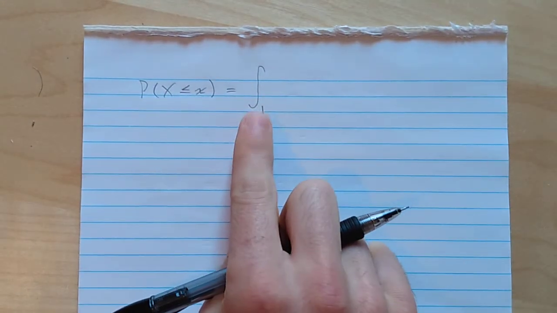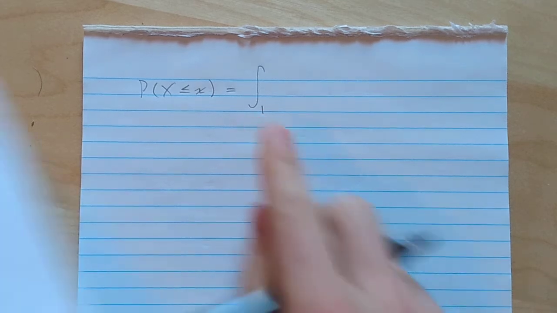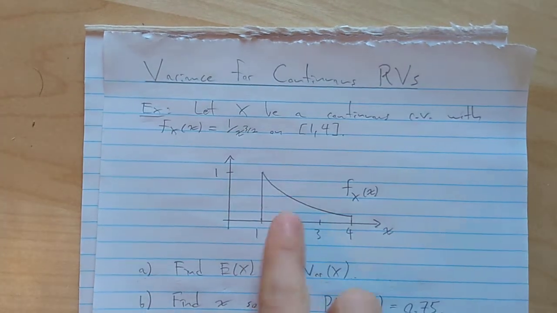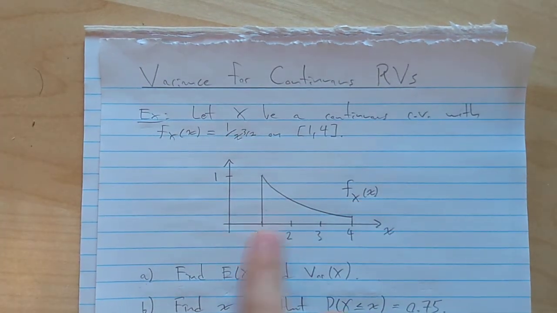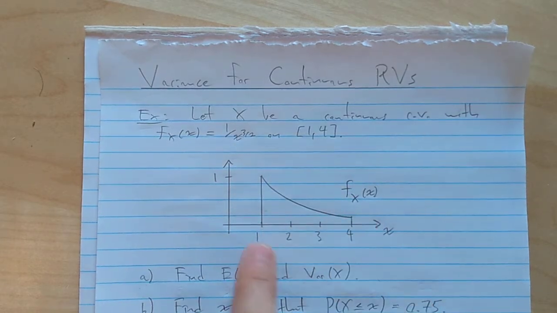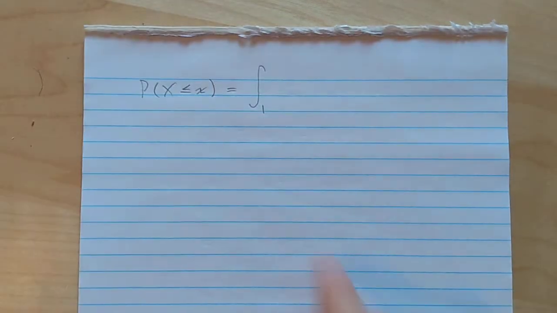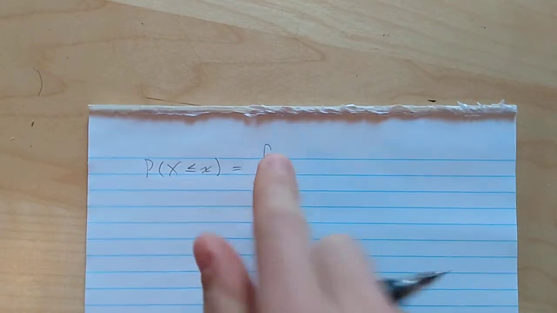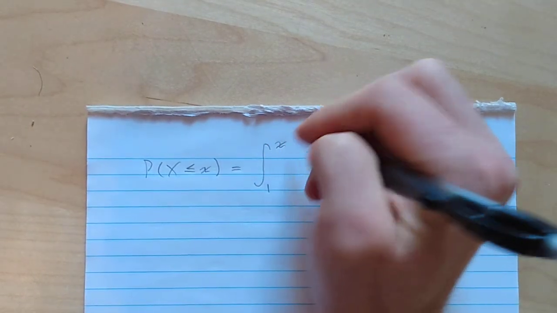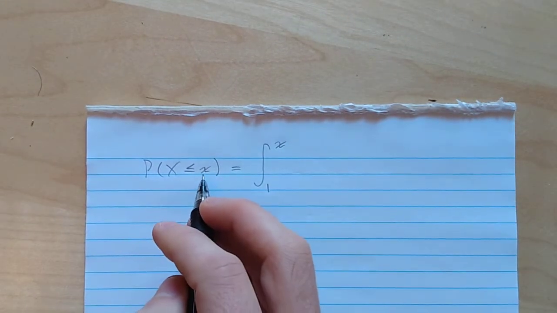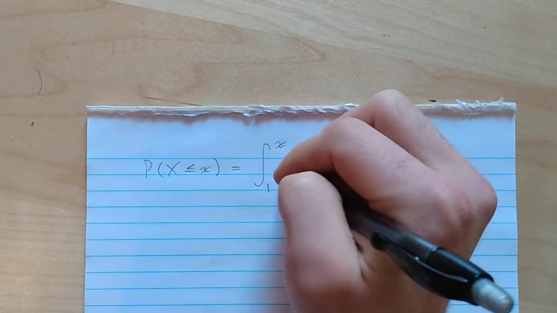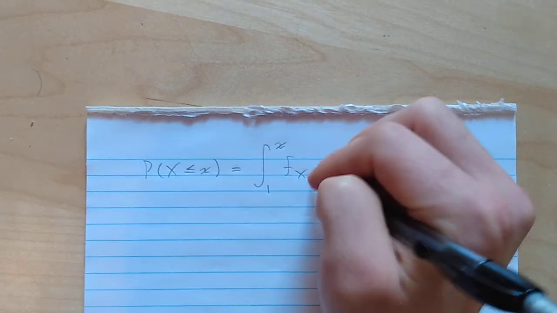I can start at 1 because I know 1 is the smallest value that is non-zero in the PDF here. I'm going to start at 1, and I'm going to go up to some indeterminate number, and I'm going to set that equal to 75%. So I'm going to integrate from 1 to something. In this case, the probability x is less than or equal to little x is the integral from 1 to little x of my PDF.